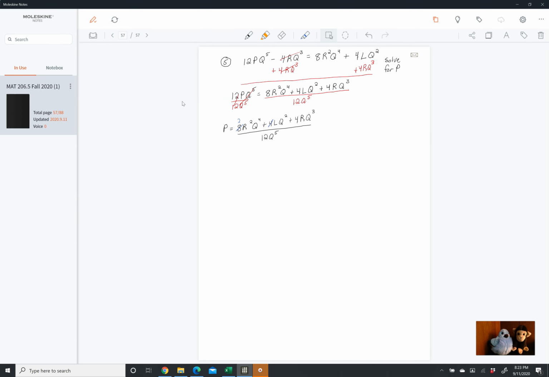We're crossing out a 4 and we're crossing out a 4. Okay, there's only one 4 in 4. There are 3 4s in 12. So now I'm going to rewrite this again. You don't have to. You can do your next set of canceling if you want to. So we have 2r squared q to the 4th plus lq squared. So notice the 4 went away. Plus r q cubed. And then this whole thing over 3q to the 5th.